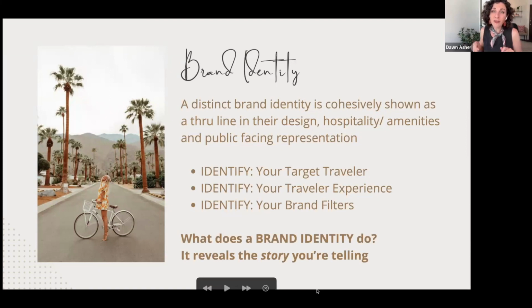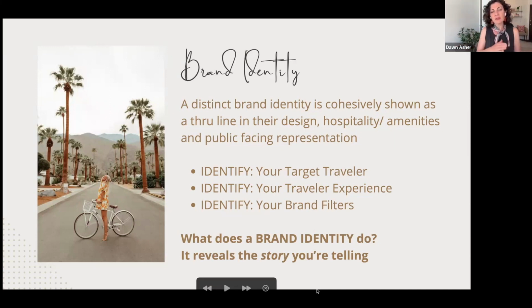So coffee is a really great way to look at what your traveler is attracted to. Then you're going to finally want to identify your brand filters, and we'll get to that in a moment a little bit more. But essentially, what does a brand identity do? Why do we have to create a brand identity?